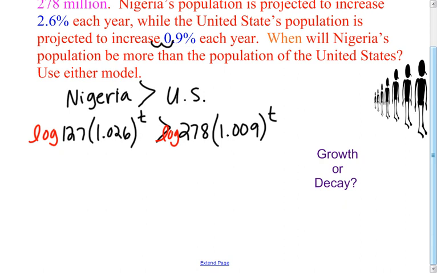Then what I want to realize is that I have really a multiplication symbol in here. And so what I can do is use my log properties that say if I'm multiplying two quantities, this one and this one, I can separate them into two different logs and add them.